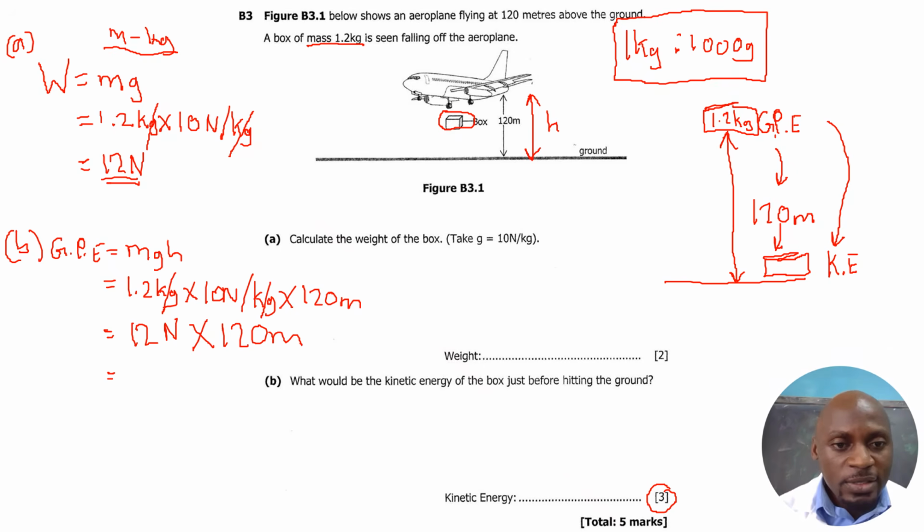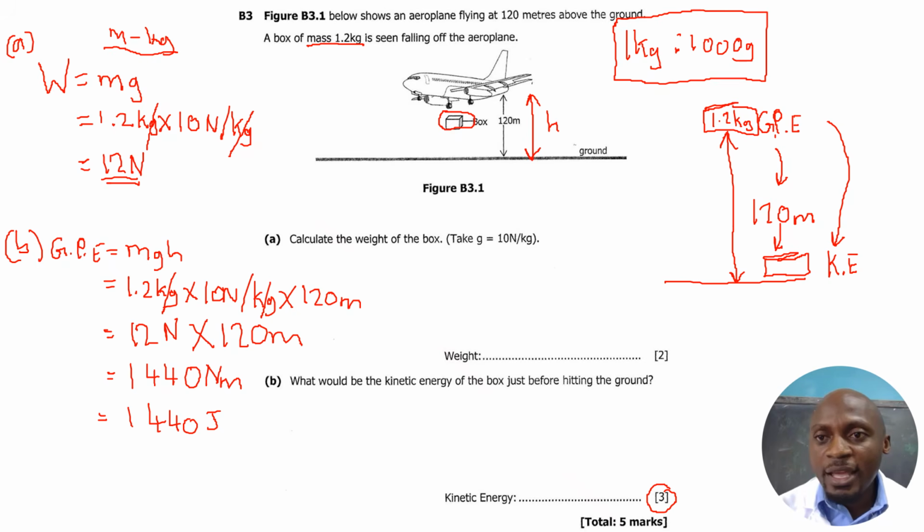12 times 120 meters gives us 1,440 newton meters, or since it's energy, 1,440 joules. So this is the gravitational potential energy at a height of 120 meters.